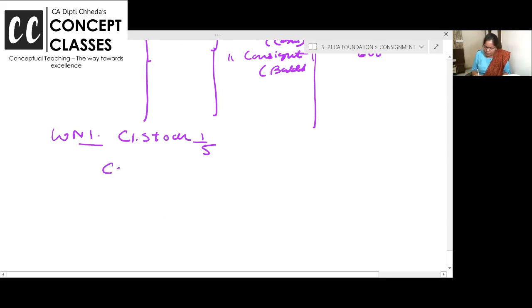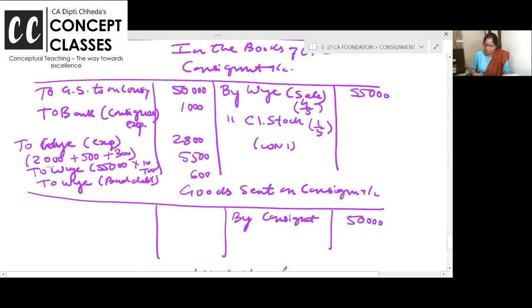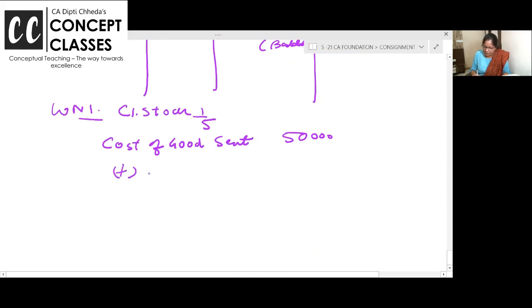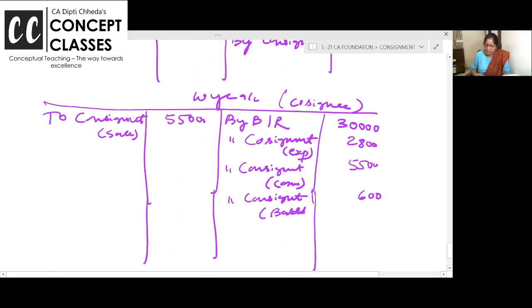Chalo, we will do it. Cost of goods sent. How much goods have I sent? See, 50,000, consignment account debit side. Consignor's expense 1,000. Consignee's non-recurring expense.